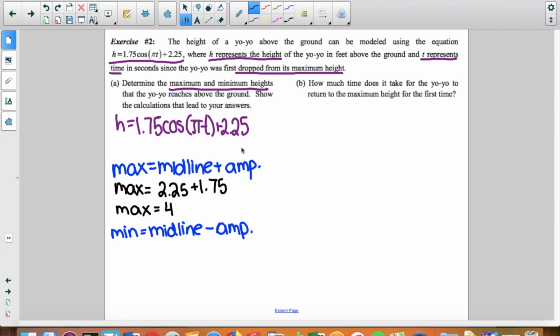Now, one thing about the word problem is we know the units. We know that it is feet, so we can include 4 feet here. So I'm going to box that as one of our answers. To find the minimum, we just have to subtract instead of add. So our midline was still 2.25. Our amplitude was 1.75.